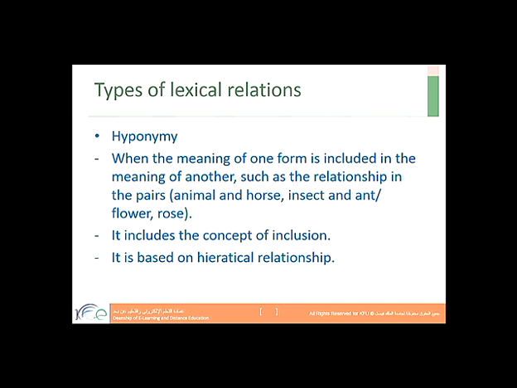Animal comes at the top, and horse is the hyponym of animal, which is part of the animal kingdom, for example. Insect and ant, it's the same thing. Flower and rose. So here we are dealing with what is known as whole and part. It's based, of course, on a hierarchical relationship.